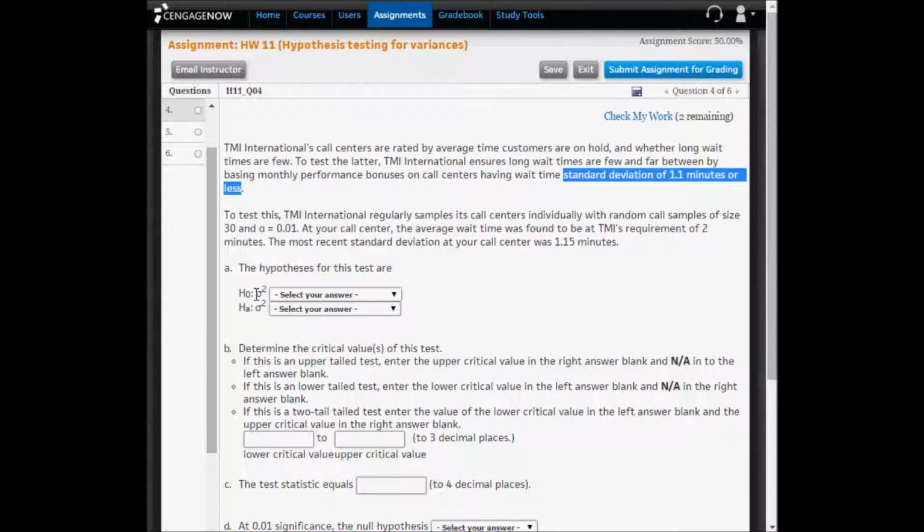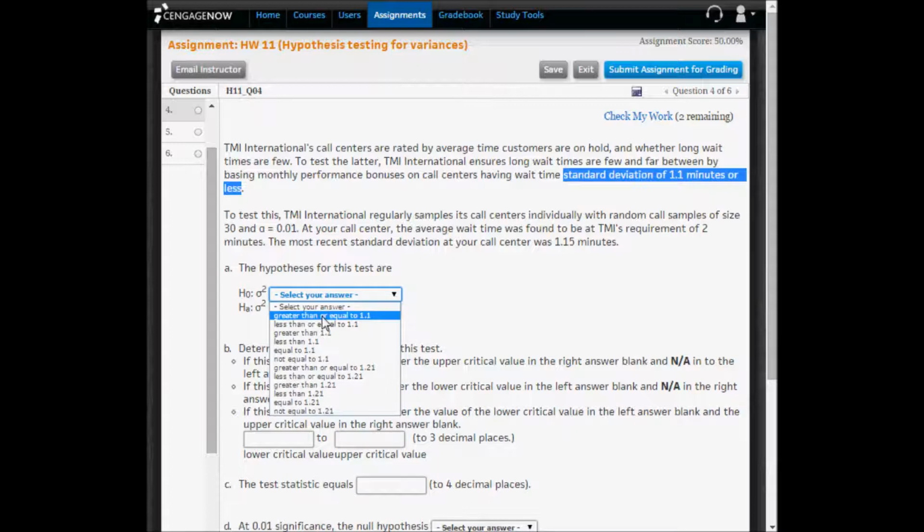Now, the null hypothesis, instead of stating the sample or the population standard deviation, is making a statement regarding the population variance. So we have to square the 1.1. And 1.1 squared is 1.21. So we go down here until we see less than or equal to 1.21.